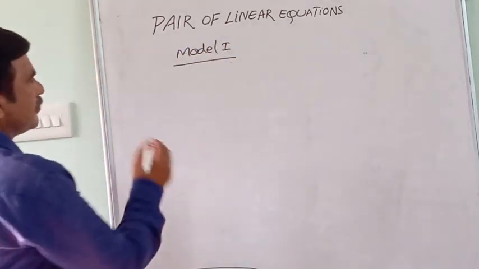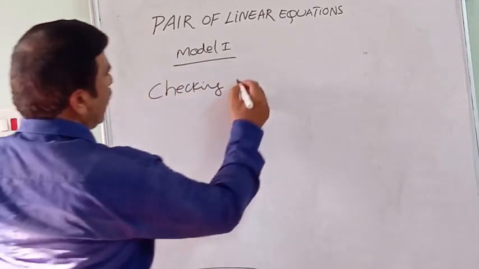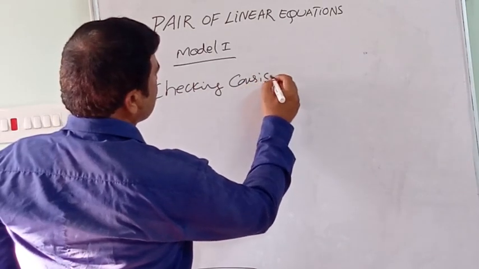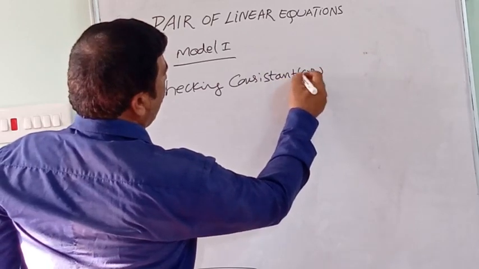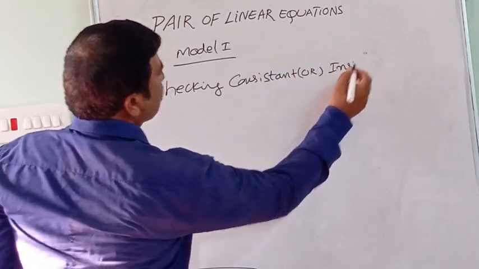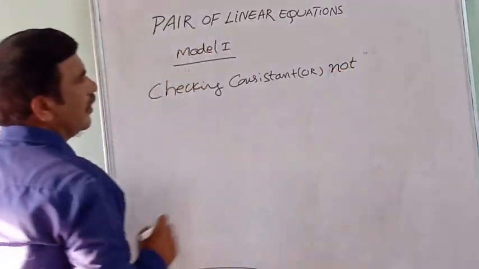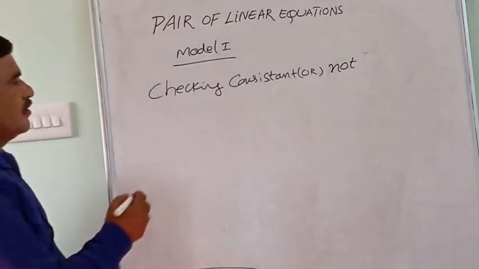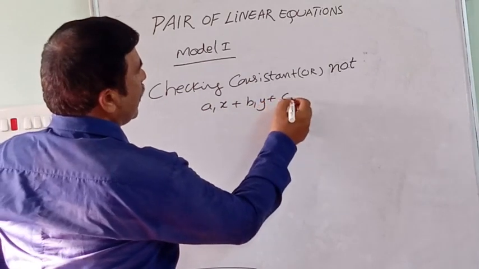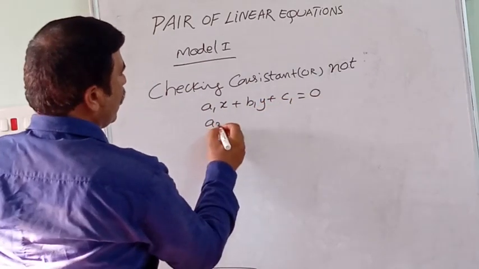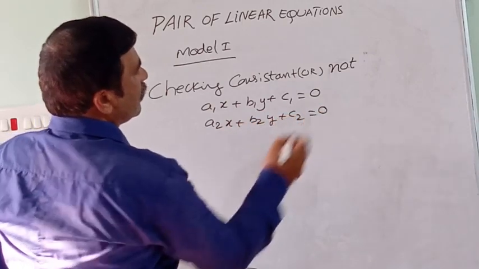Model 1: checking consistent or inconsistent, consistent or not. They will give two lines like a1x + b1y + c1 = 0, a2x + b2y + c2 = 0.